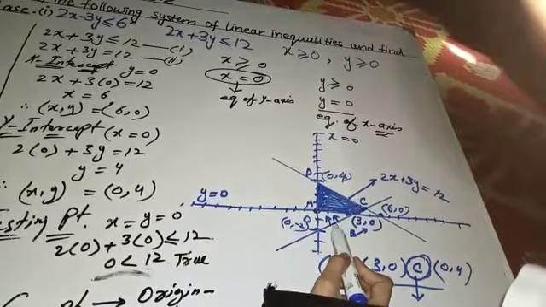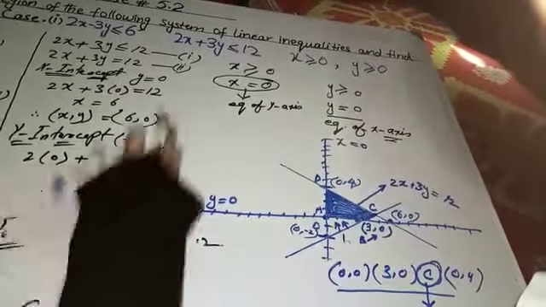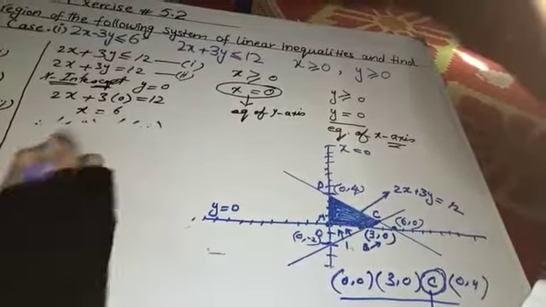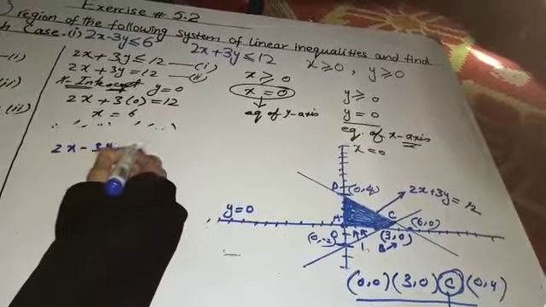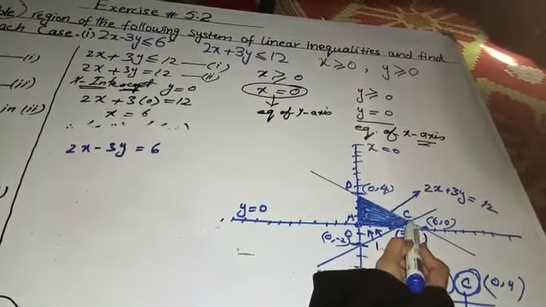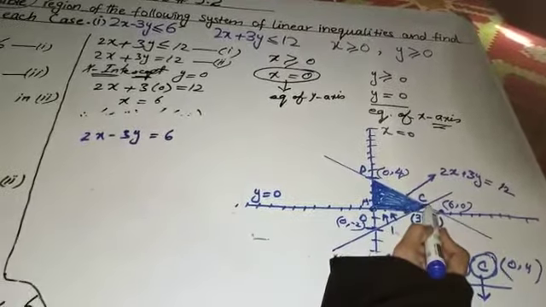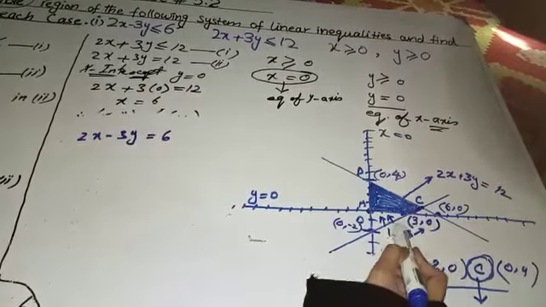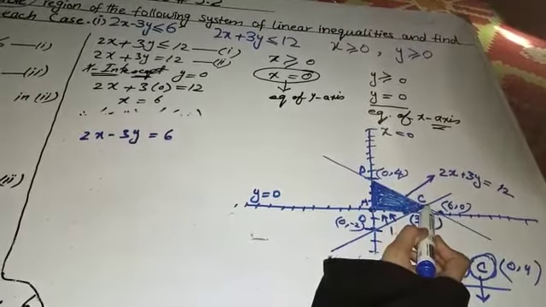So the equation of the first is 2x minus 3y is equal to 6. You have to see which two equations this unknown point lies on. This is the first equation, the associated equation of the first linear inequality expression, and this is the second equation of the linear inequality expression.